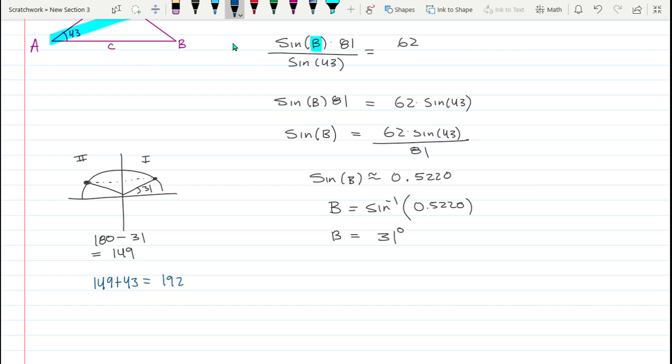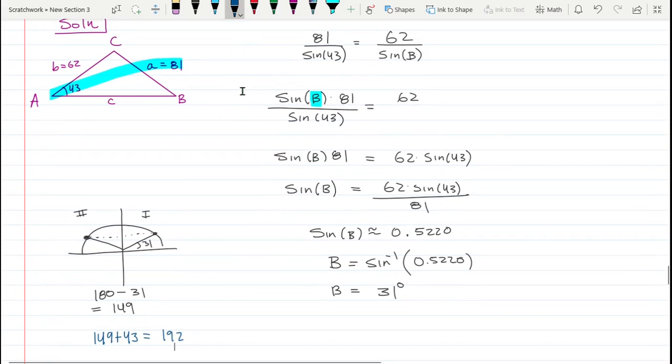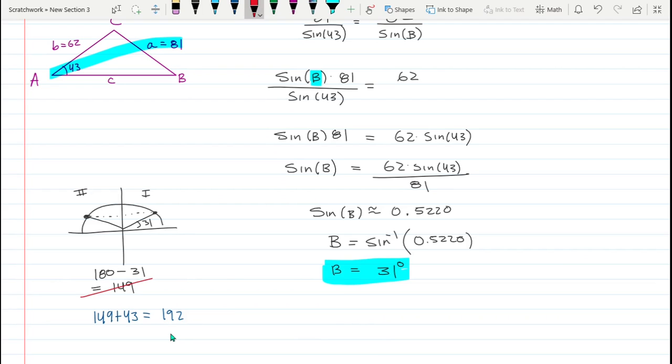And we cannot have that be a possibility, right? So 149 is out of the question because it exceeds the sum of 180, right? So the only possibility is that B is equal to 31 degrees, okay? The possibility that B could be 149 is out of the question because it is greater than 180 when you add it to the other angles, okay? So that's important. We need to consider that information.